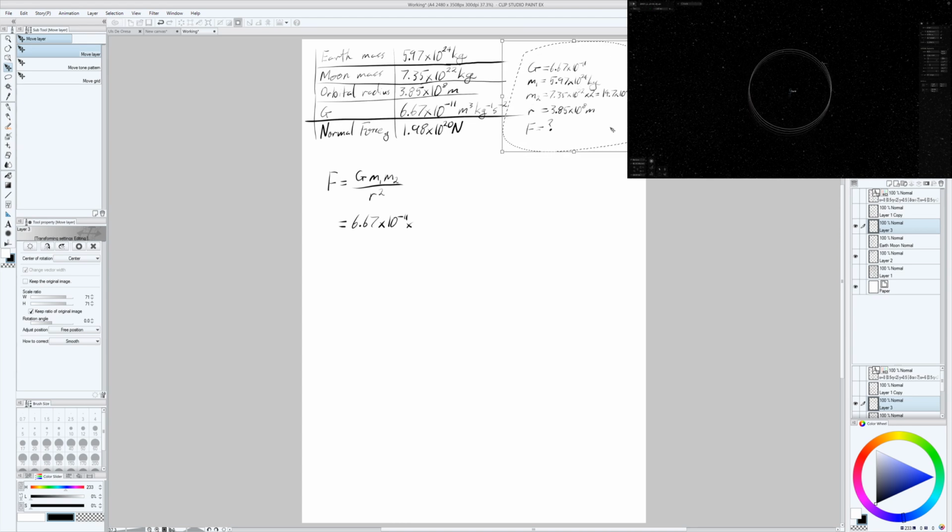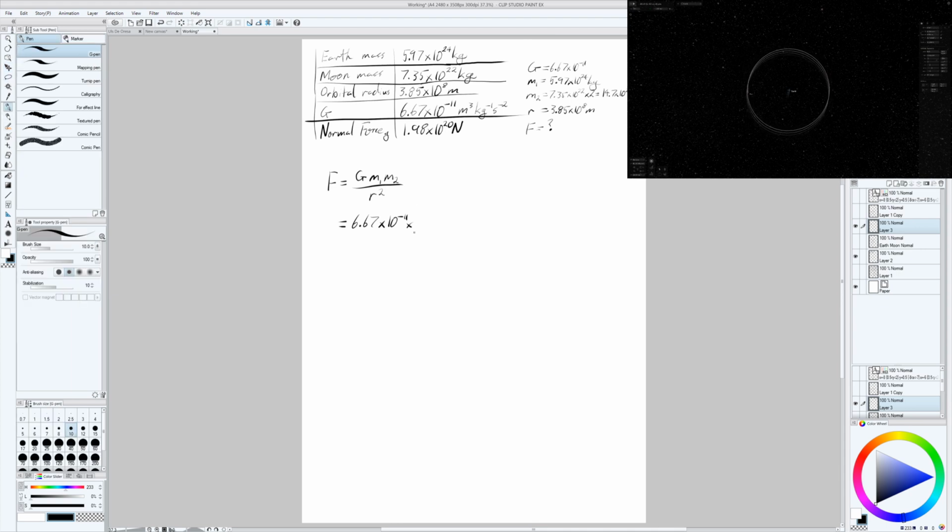There we are. So we'll put that up in the corner. We've got our variables recorded. And so we've got 6.67 times 10 to the negative 11 times 5.97 times 10 to the 24 times 7.35 times 10 to the 22.